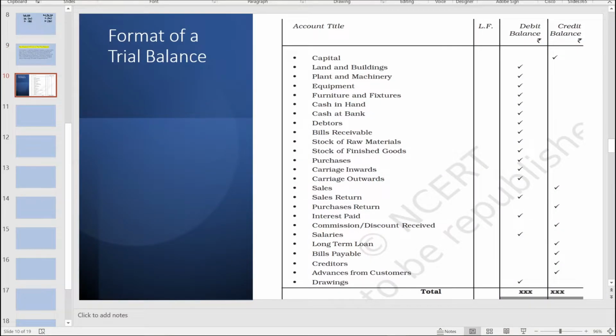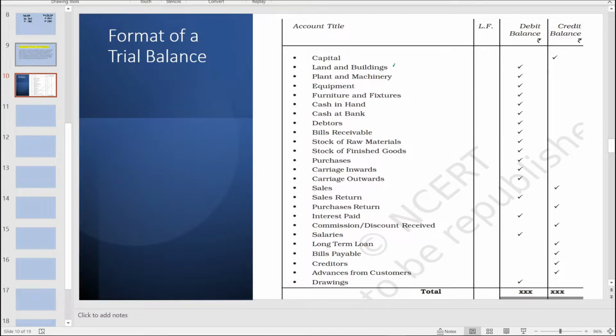Going to the next one. Now here you can see the format of a trial balance which I have brought. Just to revisit quickly, this is the format: ledger folio, debit balance and credit balance. For example, capital is a liability.